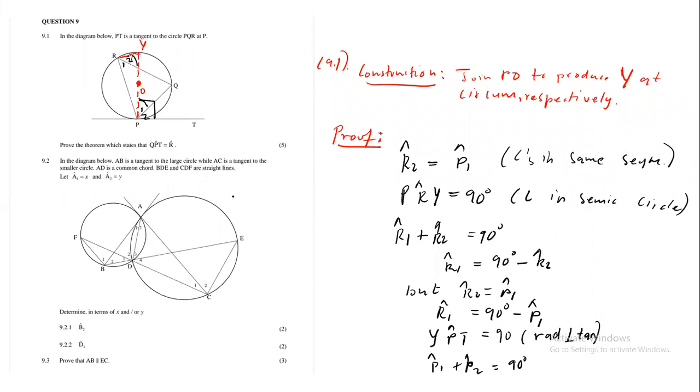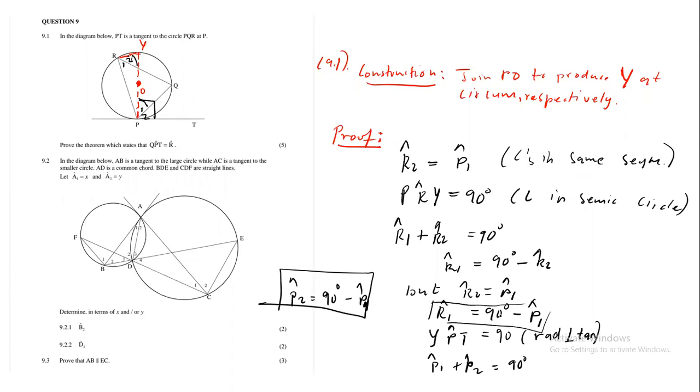Now, let's solve for P2. I'm just going to write it here. Angle P2 is equal to, transposing P1 to the other side of the equation, 90 degrees minus angle P1. Therefore, I managed to get my angle P2. I also managed to get my angle R1.